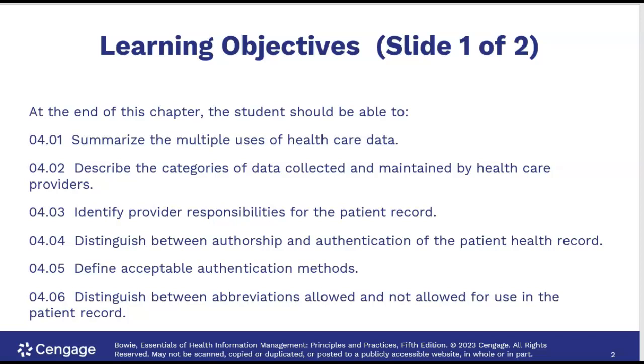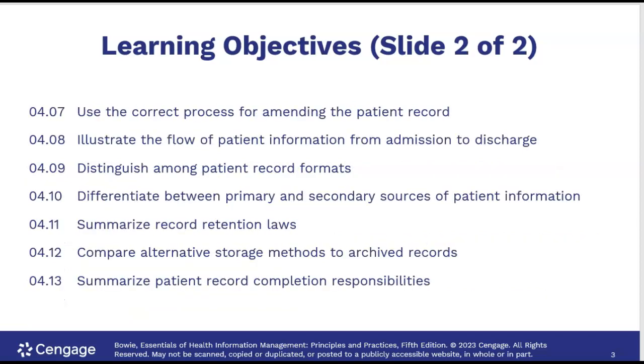by healthcare providers. We're going to identify provider responsibilities for the patient record, distinguish between authorship, authentication of the patient health record, and then define acceptable authentication methods, distinguish between abbreviations allowed and not allowed for the use in the patient record.